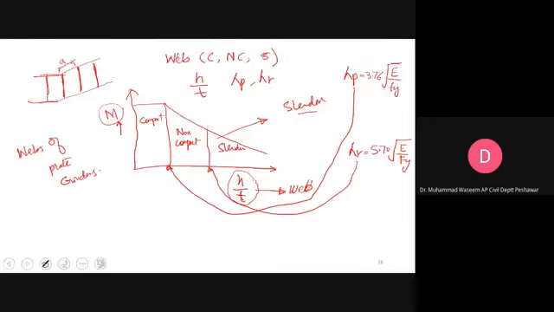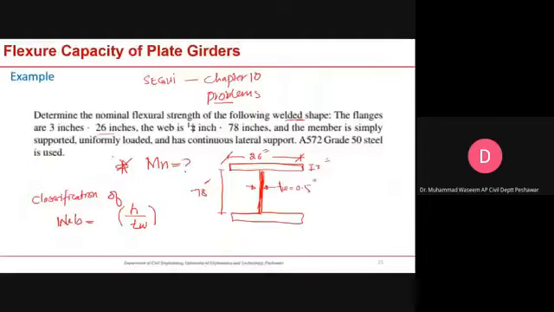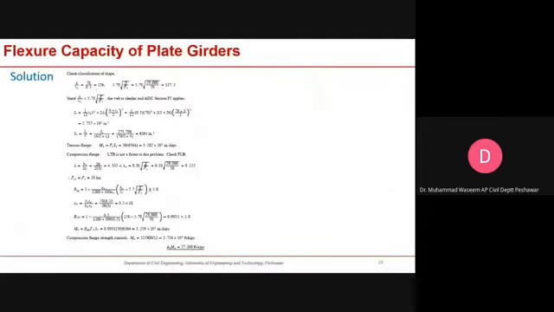You can see that first you have to check the slenderness or the classification shape for the web. You have to calculate this h by tw. This h by tw is about 156. Now you have to compare this value. For example, say this is lambda, and this is the upper limit, which is lambda r.